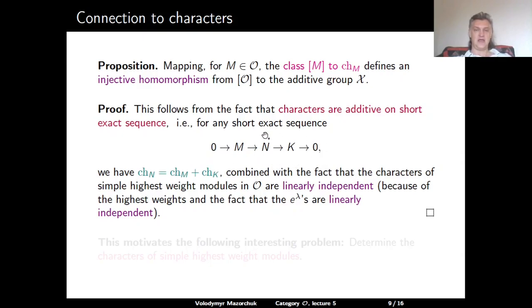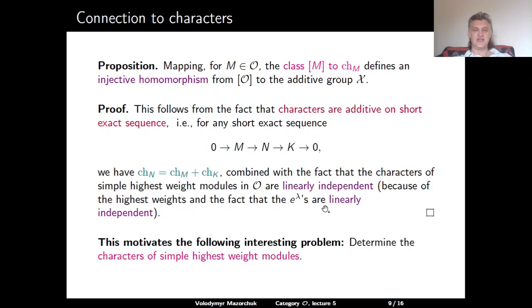If we take this fact and combine it with the fact that the characters of simple highest weight modules in O are linearly independent, because simple highest weight modules are uniquely determined by their supports, and in particular by their highest weights, and the exponent functions which correspond to the highest weights of different highest weight modules are by definition linearly independent.